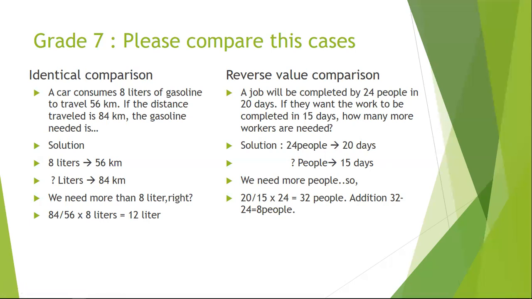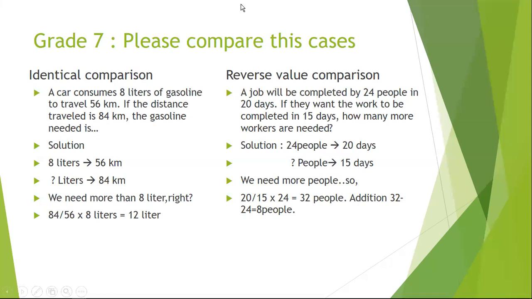Okay, we move to reverse value comparison. In identical comparison, when the one part is increased, the other component is also increased, but that is different with reverse value comparison. When one part is decreased, the other one should be increased.